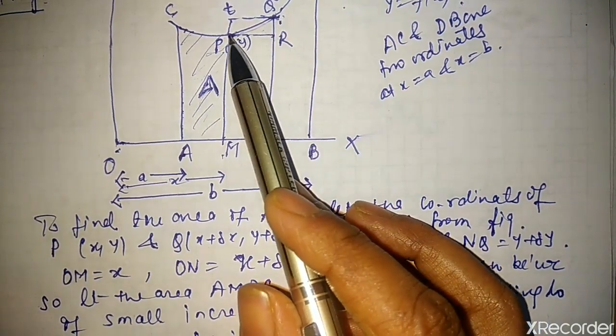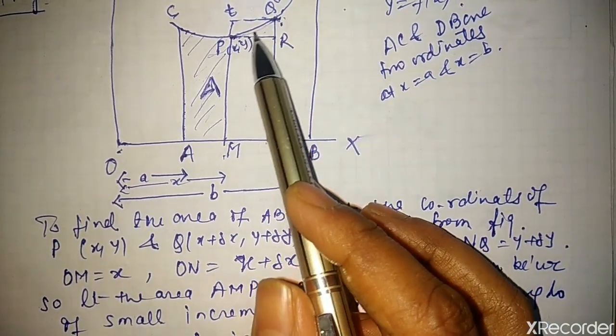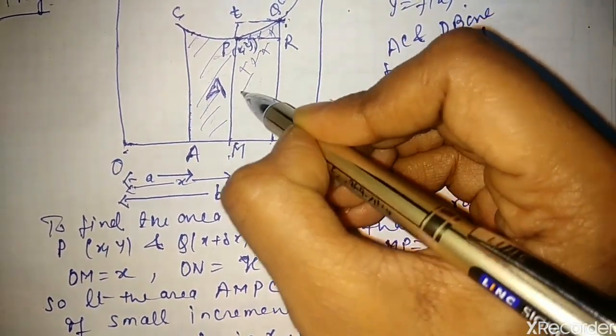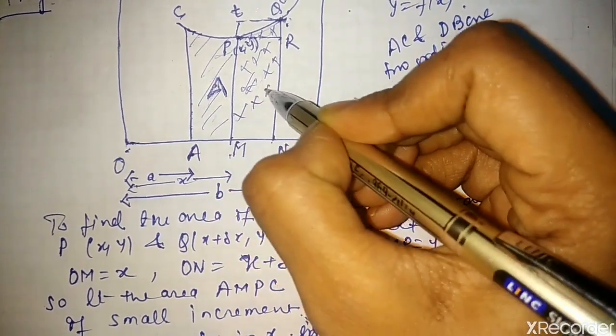PMNQ, this one, Q and then P, this one. This area.